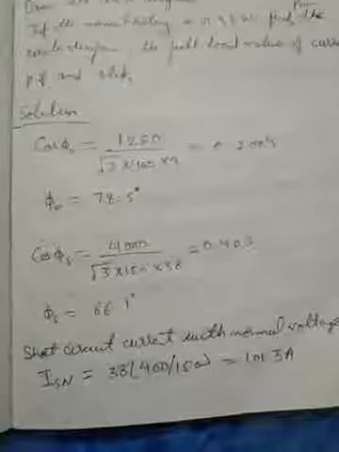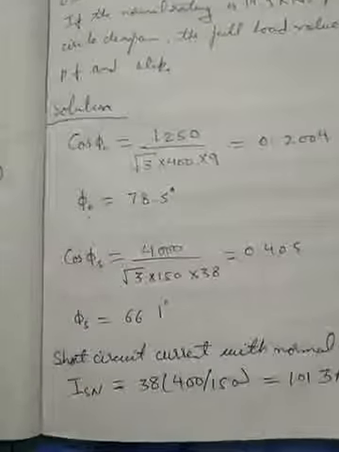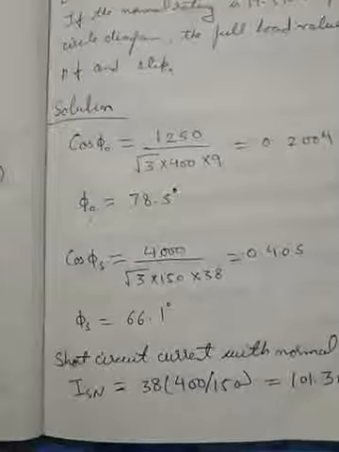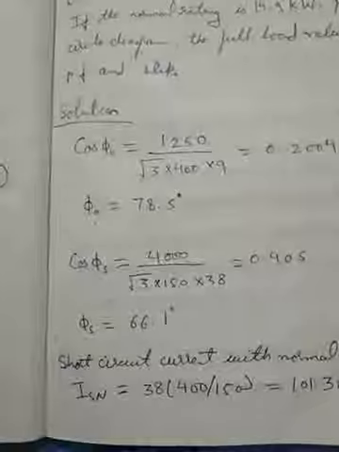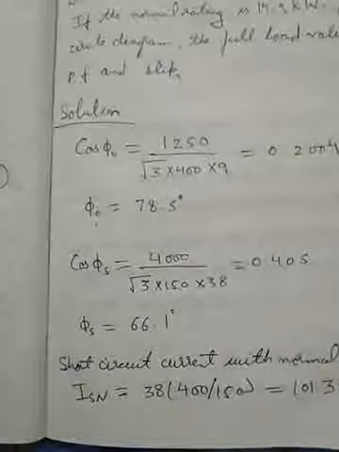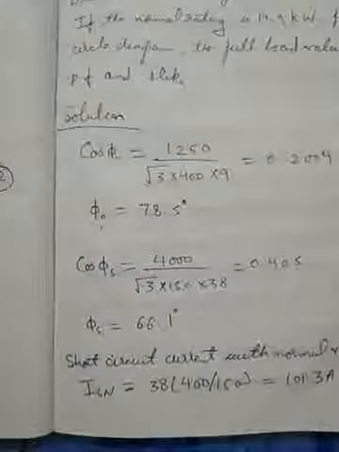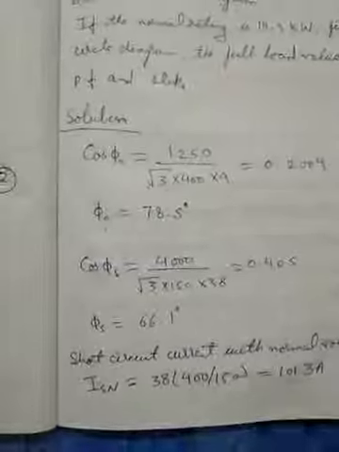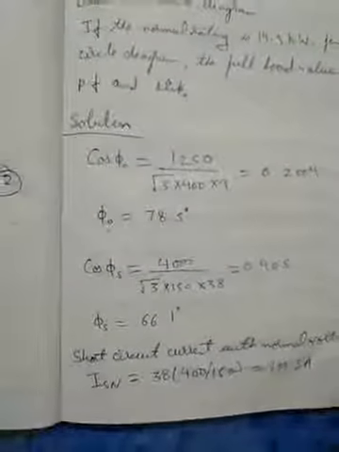Then similarly we calculate phi s. Cos phi s is equal to 4000 divided by root 3 into 150 into 38, which is equal to 0.405, and phi s is equal to 66.1.